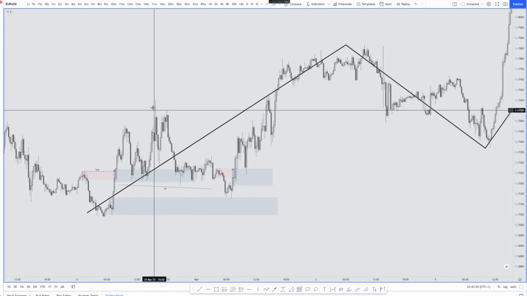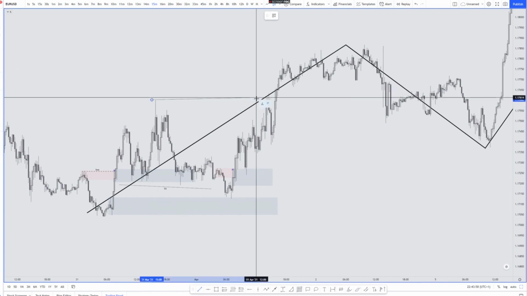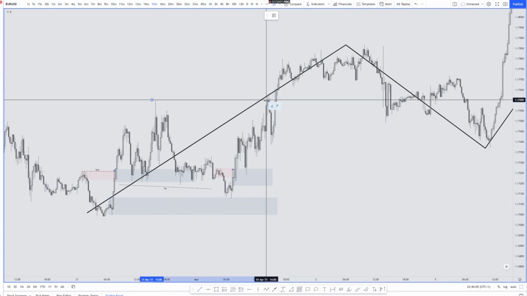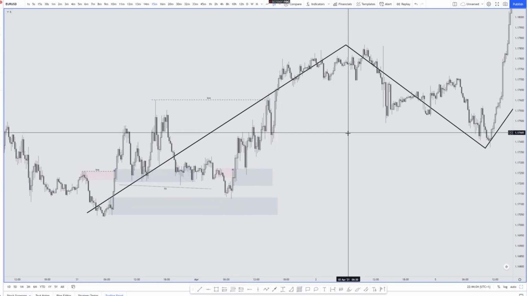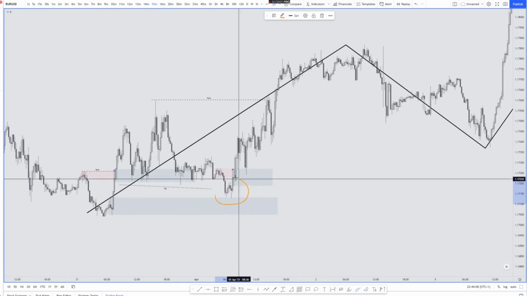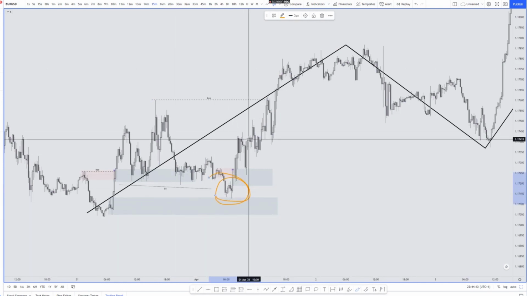So my expectation is, as this high is taken, that we are going to continue on up. And at the same time, my expectation is this low will not get taken if this trend is to continue.